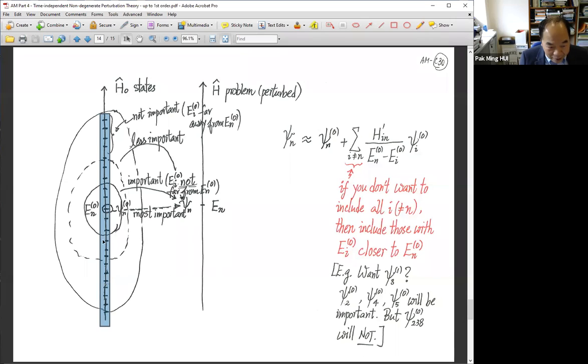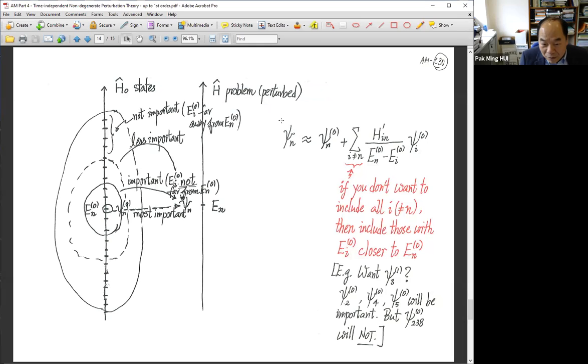Now in perturbation theory, we always start by choosing a particular state to do the job. We want the nth state. We want to ask, what is the correction due to H prime? So this is the H problem, okay? How could this energy evolve to this hard to solve eigenstate for the nth state?